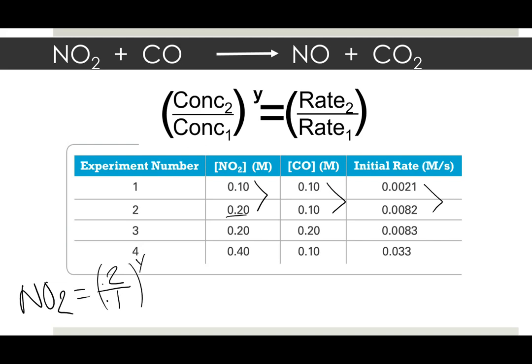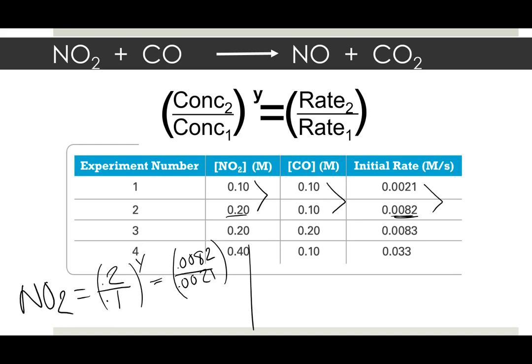And then we're going to look at the rate. So the rate for trial 2, which is 0.0082, divided by the rate at trial 1. And we're going to try to determine the value for y.